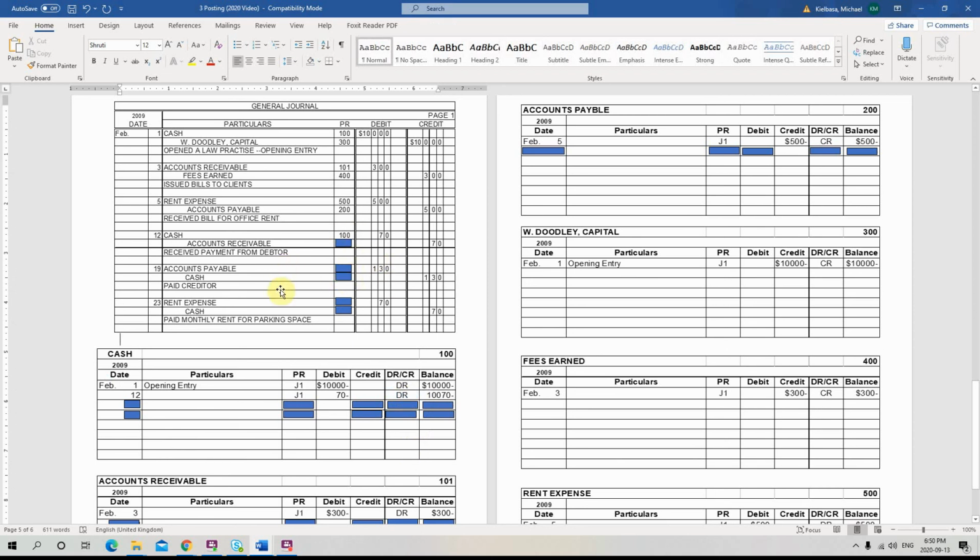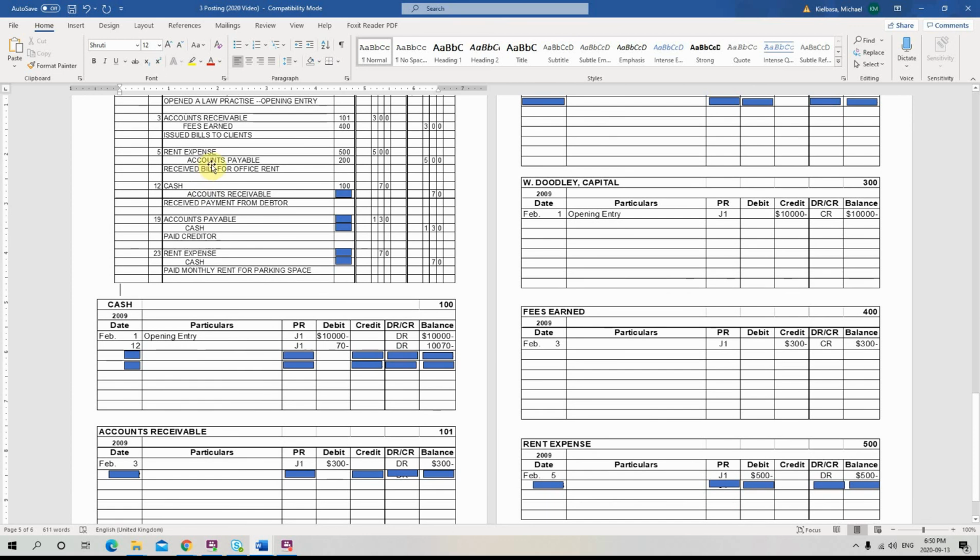Okay, accounts receivable. I have to credit on the 12th for $70 coming from J1. So now I started off with a $300 debit balance and I credited for 70. Think of this as a T account. So if you start off with a debit of 300 and you credit for 70, your balance is going to be 230.